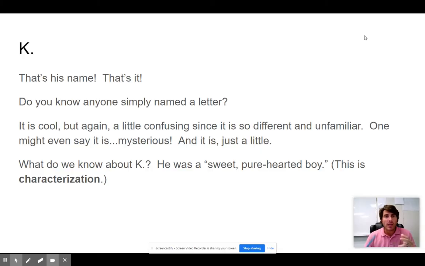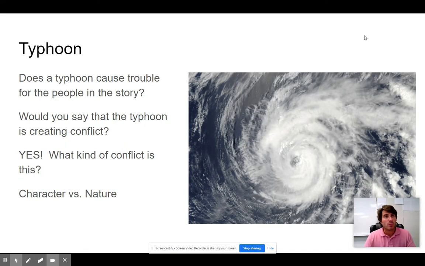So what do we know about K? We are told here on page 2, he was a sweet and pure-hearted boy. That's direct characterization. Tells us exactly the kind of person that K is. All right. So keep that in mind. K was a sweet, pure-hearted boy.